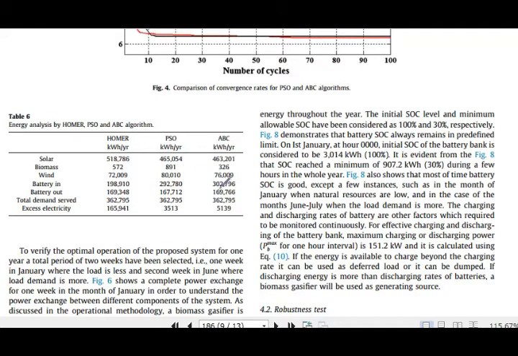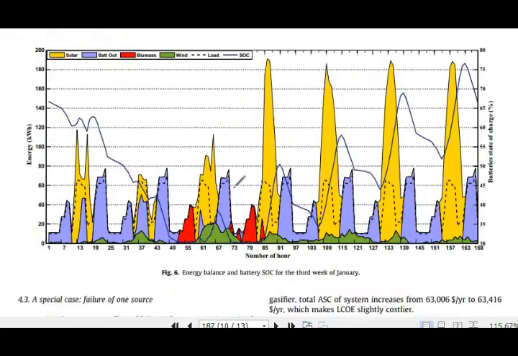Overall, comparing all three cases, the most favorable solution is the ABC. The amounts of energy, battery in and out, and biomass production per year are given in this table. The ABC design is the most optimal one.